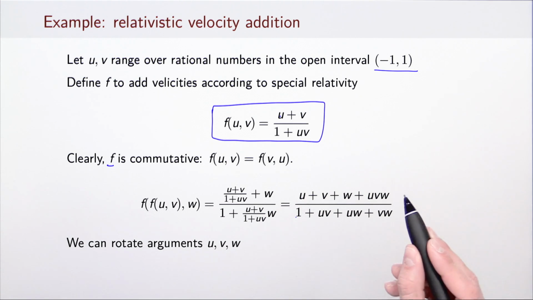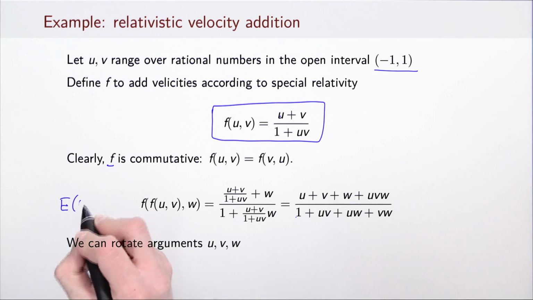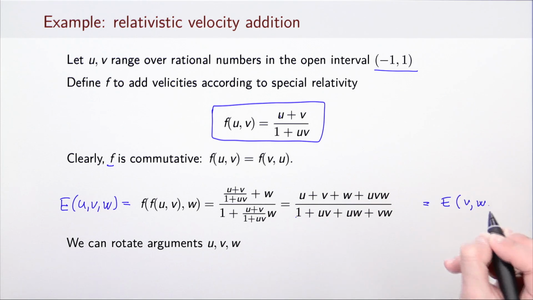Again, we see that we obtain an expression where every one of the three variables plays the same role. In some sense, no variable is special. And because of that, if we swap the roles of some of these variables, we'll obtain exactly the same expression. In other words, the arguments of E do rotate.